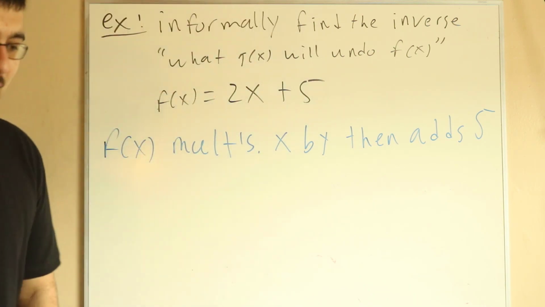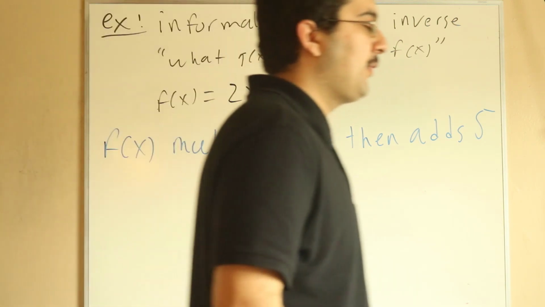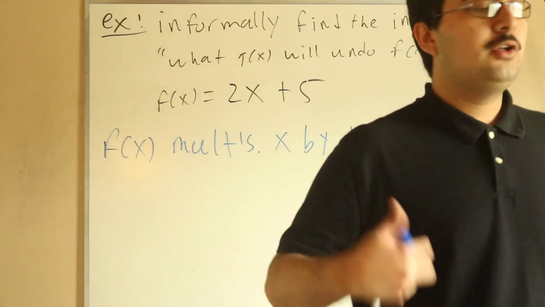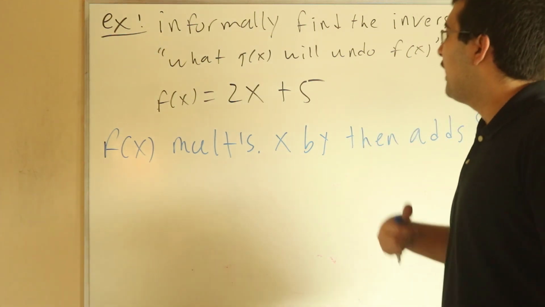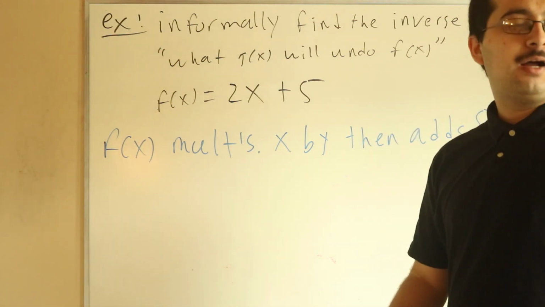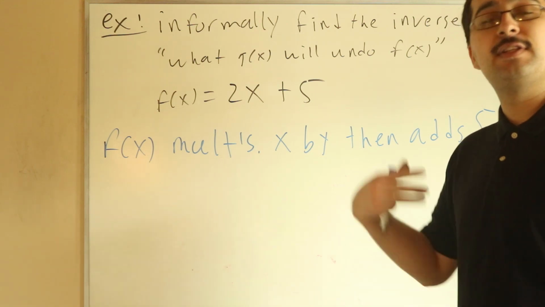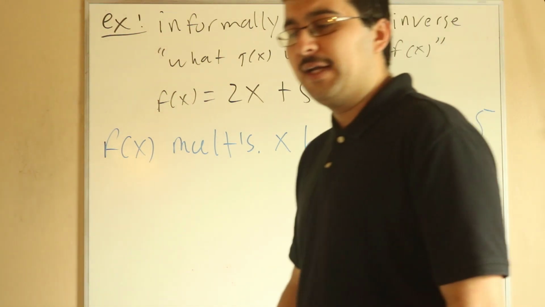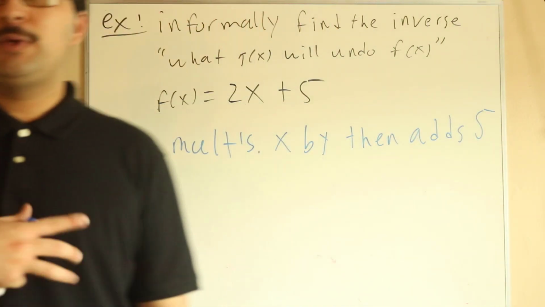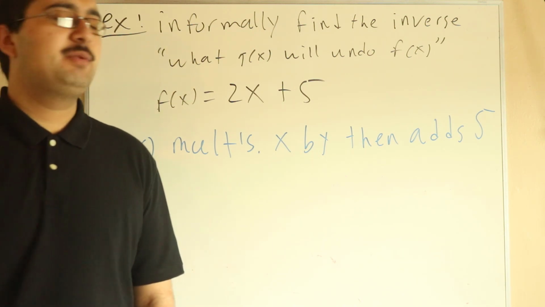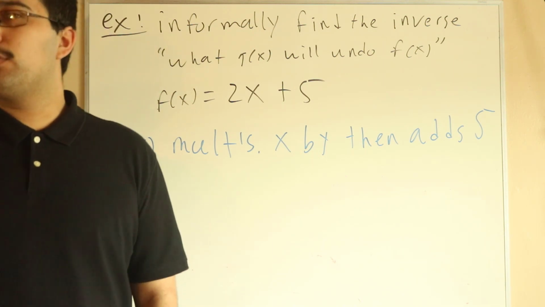Now, what I want to take note of here is, notice how I don't write f of x adds 5 to x, then multiplies by 2. Those are the same operations that we described here, an addition by 5 and a multiplication by 2, but they're done in a different order.